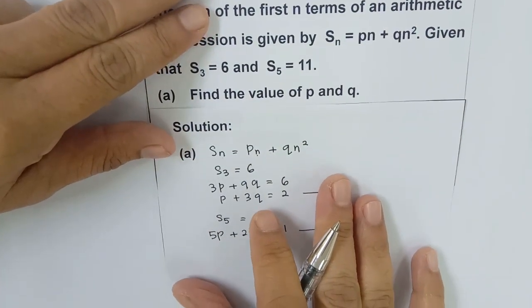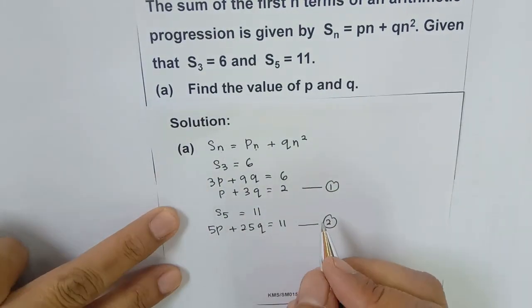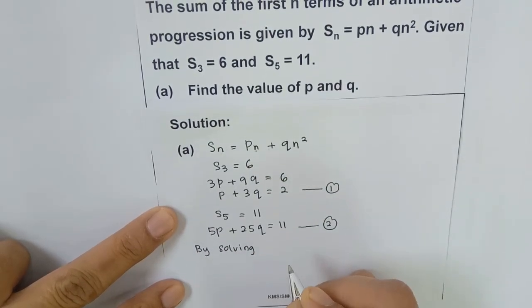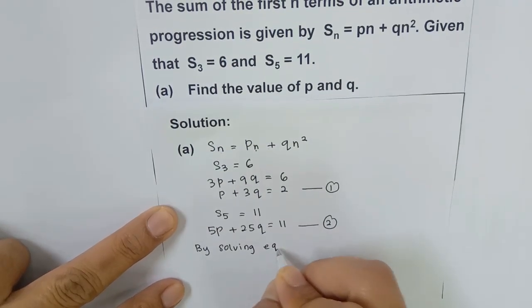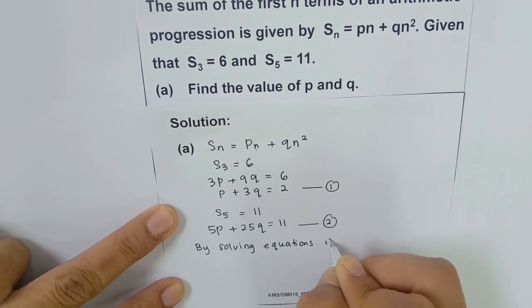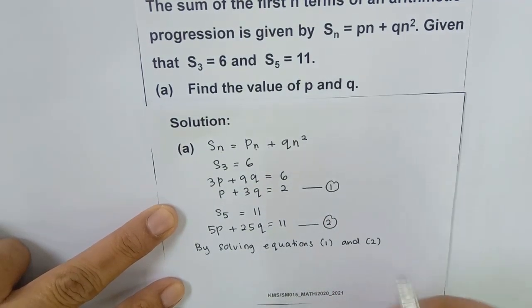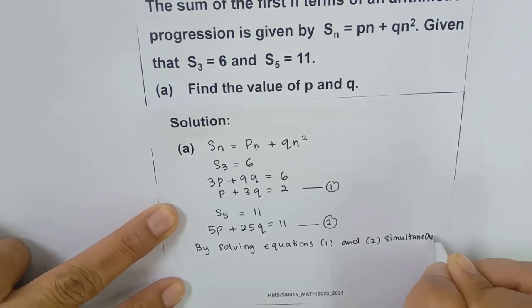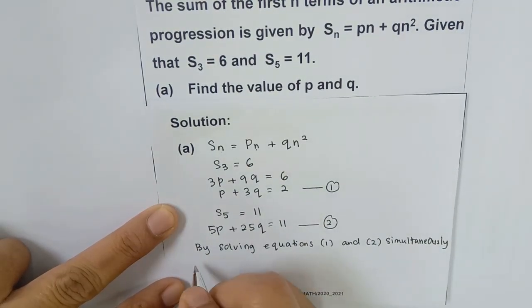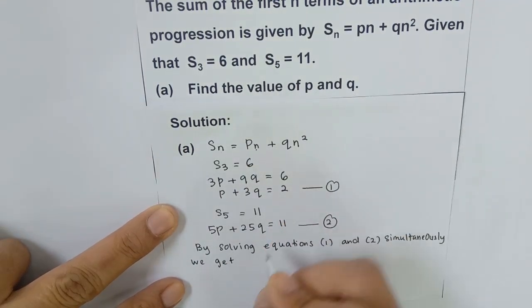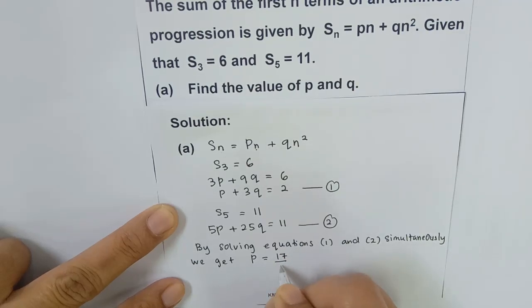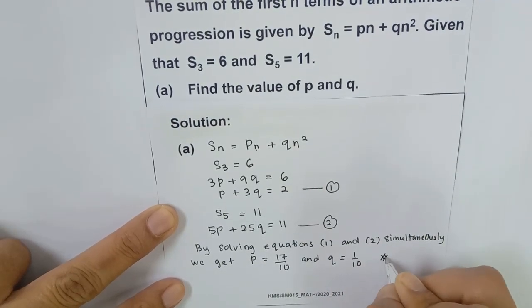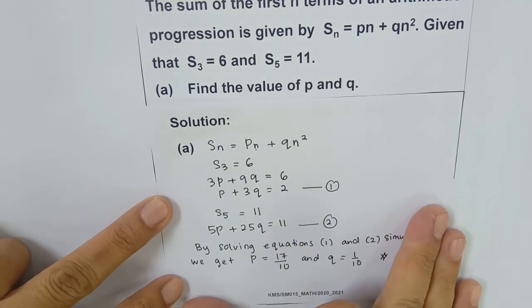To find the value of P and Q, by solving equation 1 and 2 simultaneously, we get the value of P is 17 over 10 and Q equal 1 over 10. So this is the solution for part A.